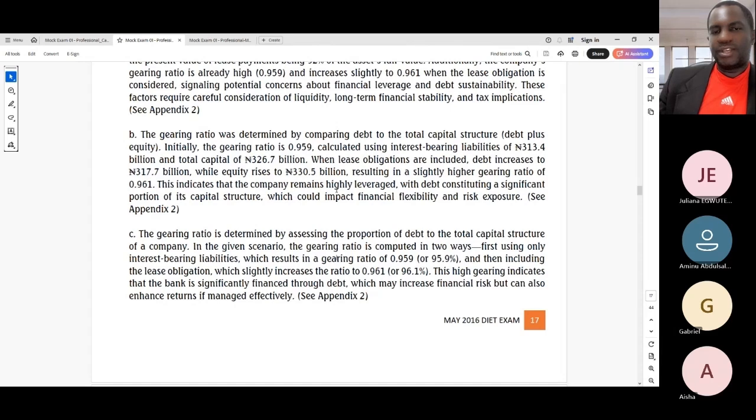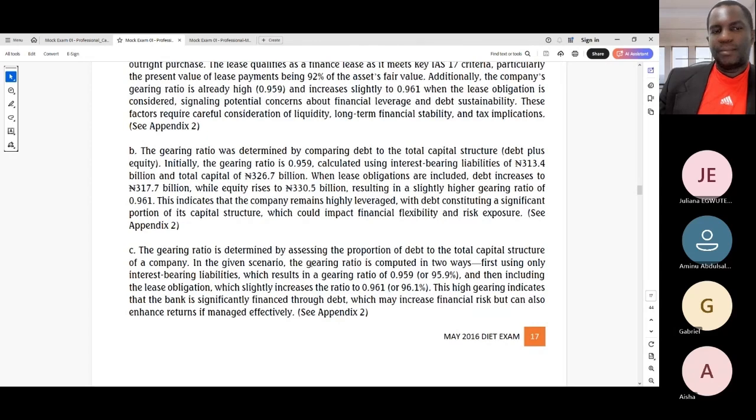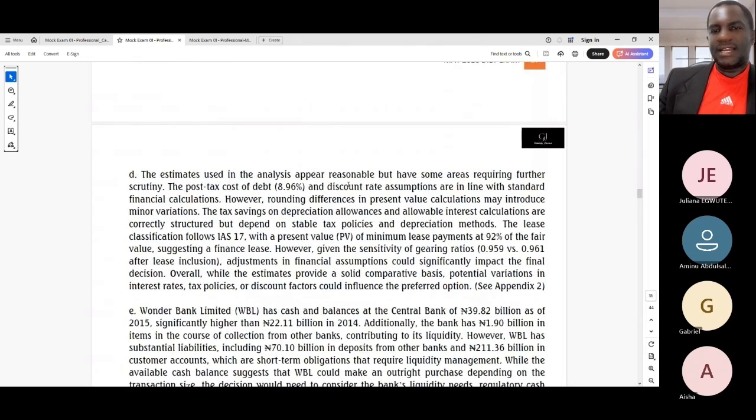So 2 similar points were said in different ways. And number 4, the estimates used in the analysis appear reasonable. The post-tax debt. So we're talking about that post-tax we calculated. The tax savings on depreciation allowance, interest calculations, all you can discuss, and you reference the appendix, C appendix 2.